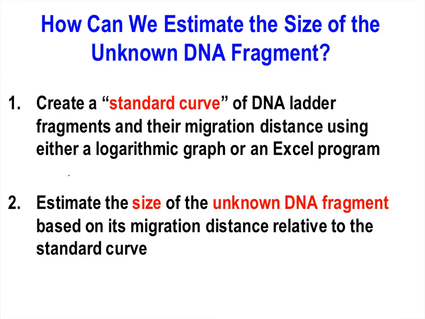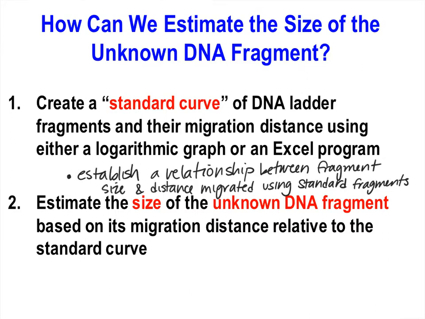What we're basically going to do is establish a relationship between fragment size and distance migrated using our standard fragments. Once we do that, we can use the line that establishes that relationship on the graph to estimate our unknowns. So let me show you how we do that.